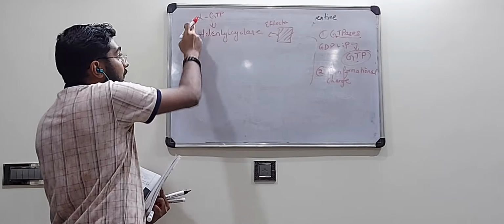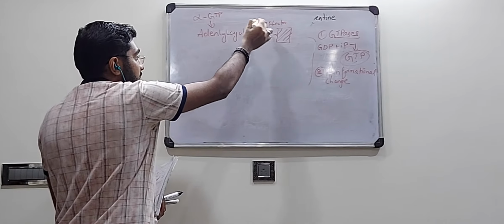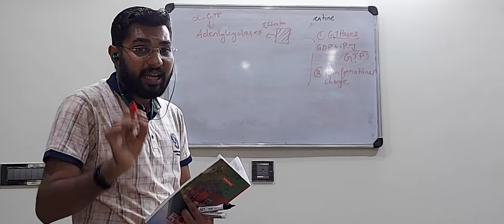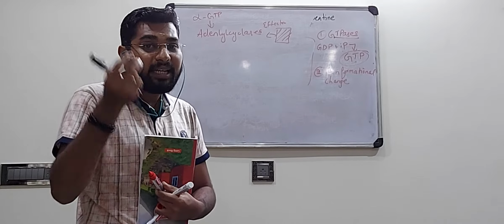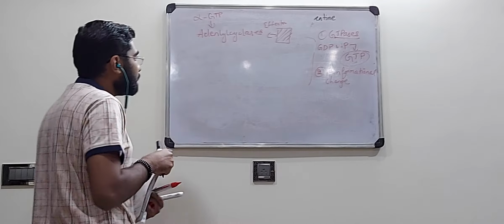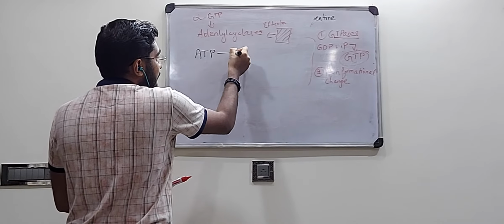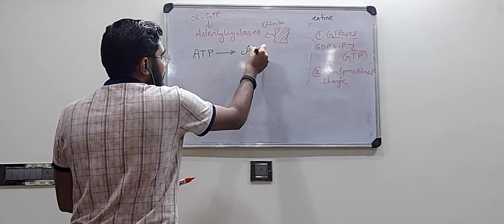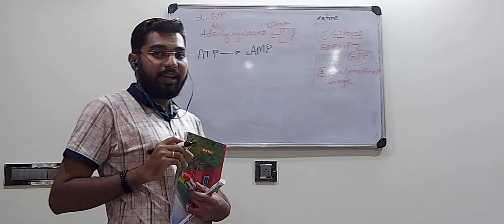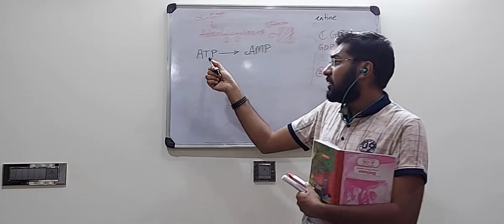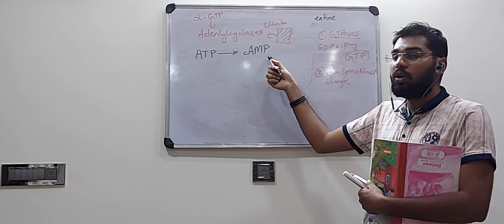So this naughty alpha GTP subunit comes and activates adenylyl cyclase. This enzyme converts the normal ATP, adenosine triphosphate, into cyclic AMP. C is a small letter, AMP is capital, we can call it cAMP. So it converts ATP into the cyclic form, cyclic adenosine monophosphate.